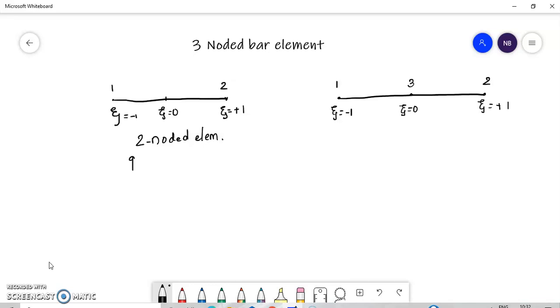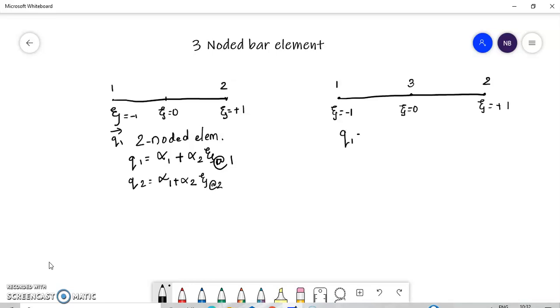Now in the two-noded element, we had q1, which was the displacement at node 1, given as alpha 1 plus alpha 2 zeta 1, and q2 was alpha 1 plus alpha 2 zeta at 2.